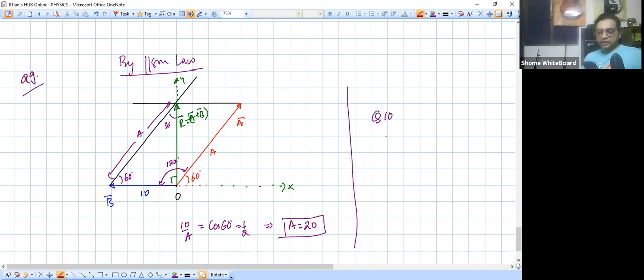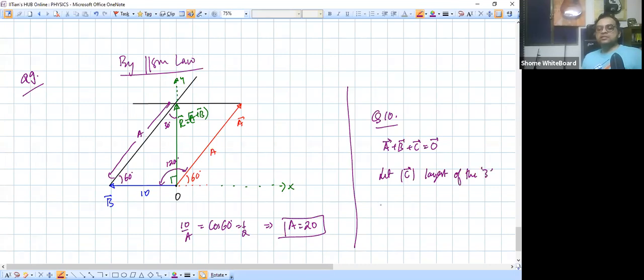You just use the triangle inequality. Okay. So let's say A, B, and C are three displacements. Their sum is 0. So A plus B plus C is equal to 0. So suppose magnitude of C is the largest of the three. Okay.